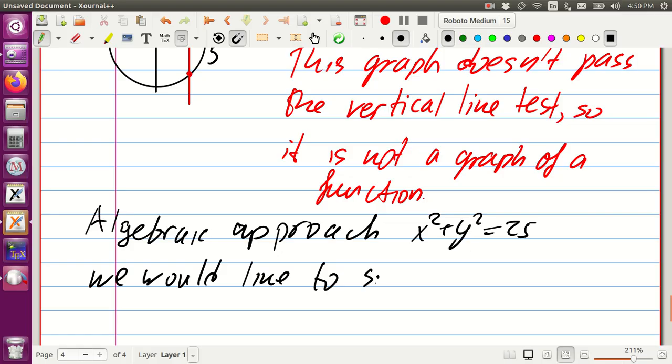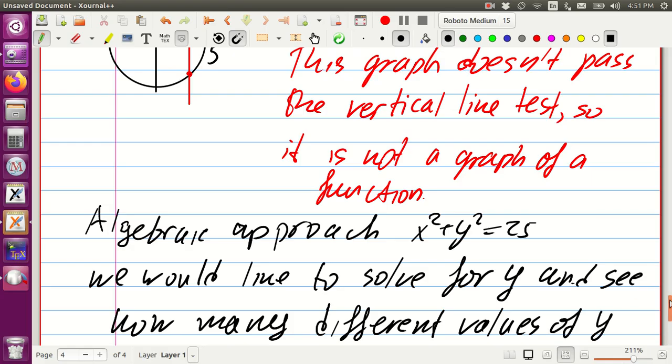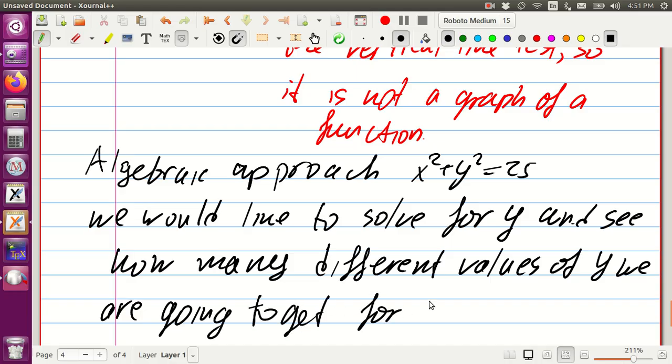So we would like to solve for y and see how many different values of y we are going to get for a particular value of x.